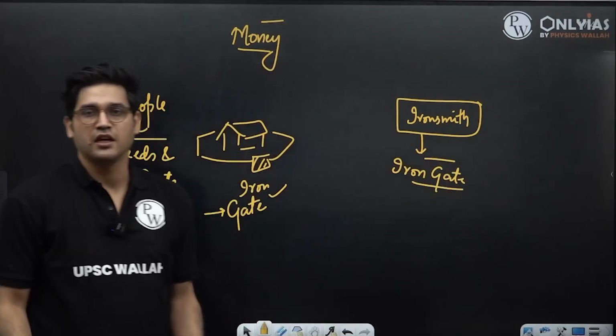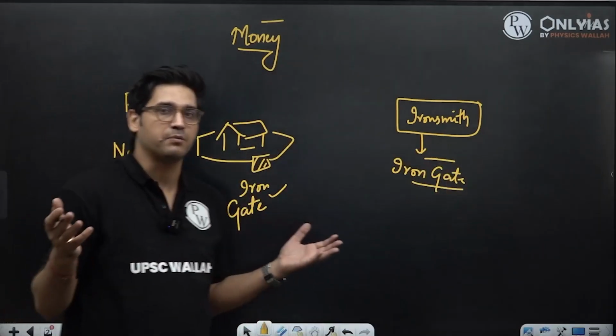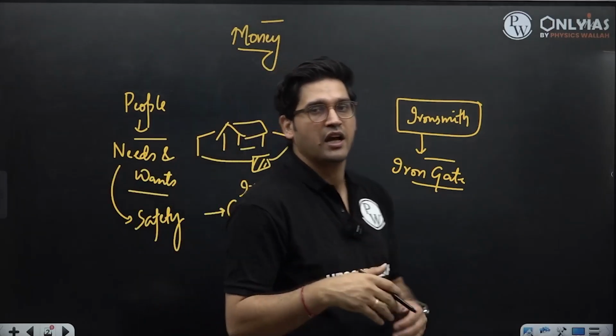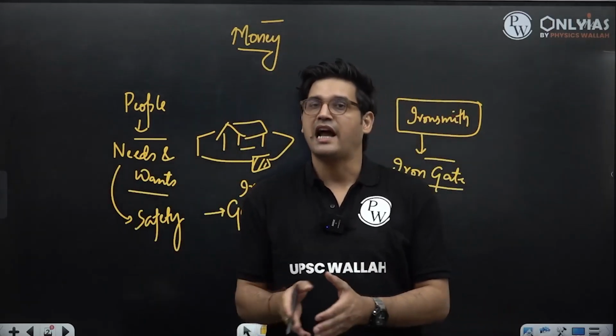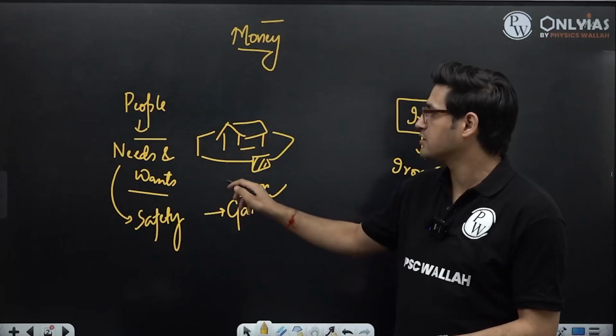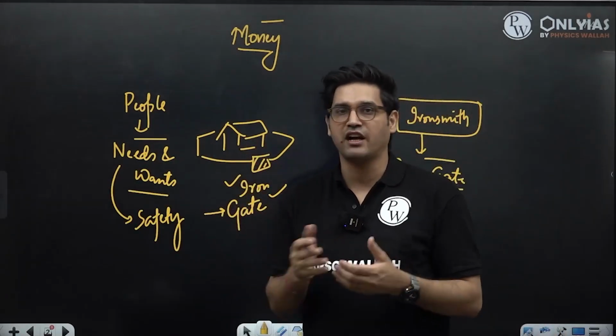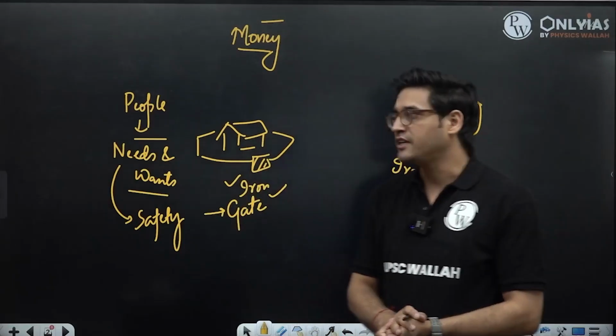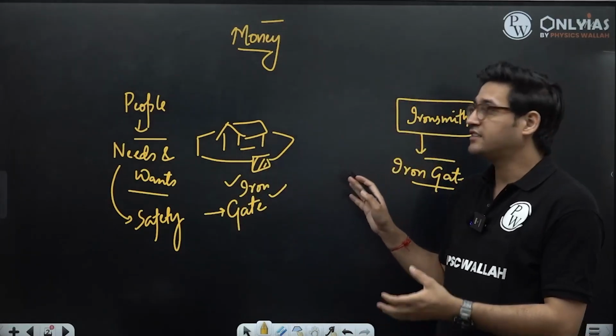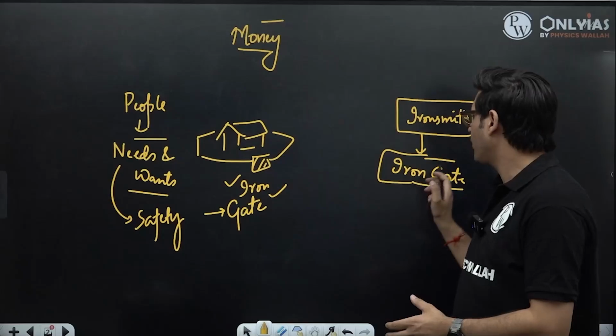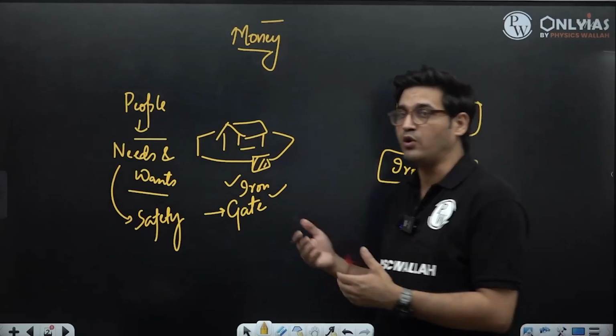Now he knows that much like me, there are many people who would want to keep their house and their belongings safe. And many people would want to install an iron gate to keep their house, their belongings and their family members safe. That means he knows that there is going to be a demand for this iron gate because many people would want it.